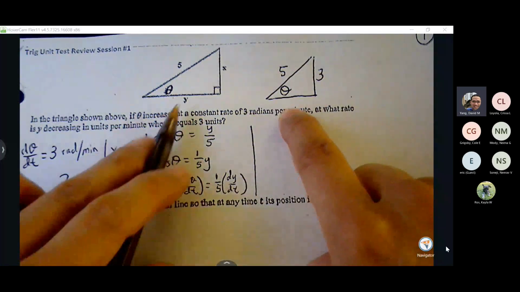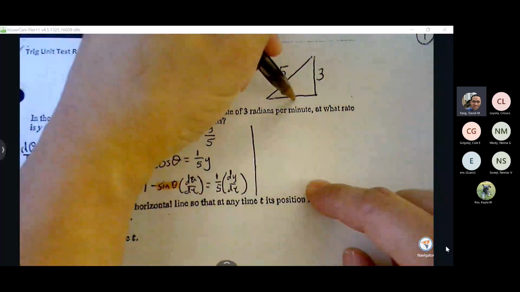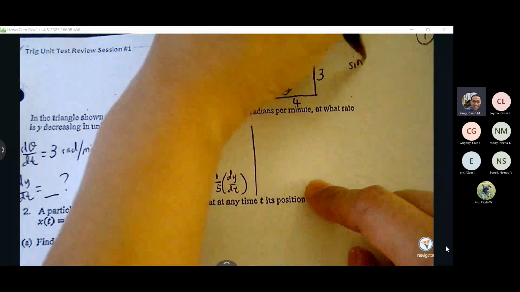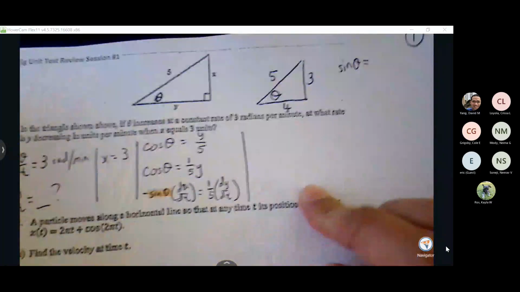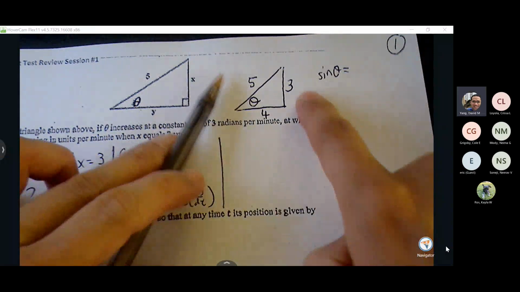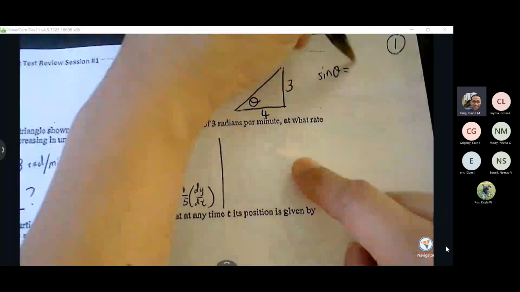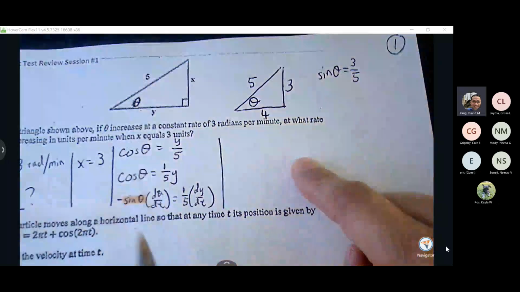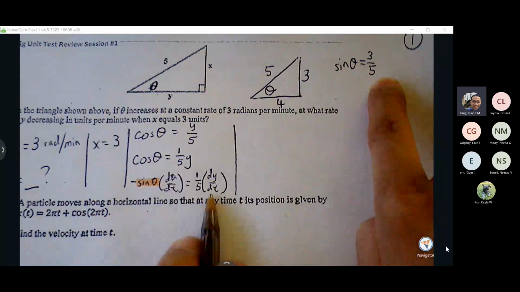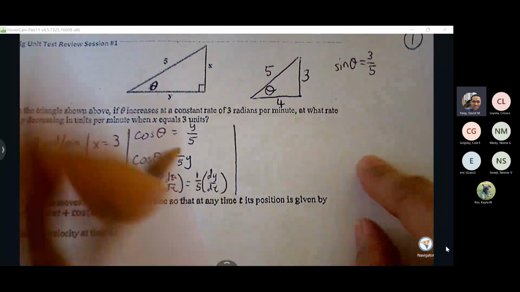So the missing y value at this moment in time must be 4. So what's sine of theta going to be? 0.5, right? Opposite over hypotenuse. So that will allow us to find the replacement that we need. It's the last piece of information that we need, and we can just solve for dy dt now.